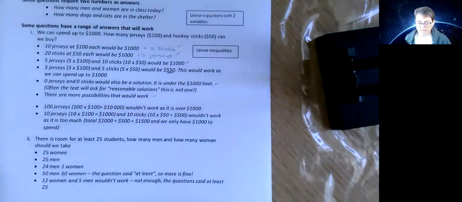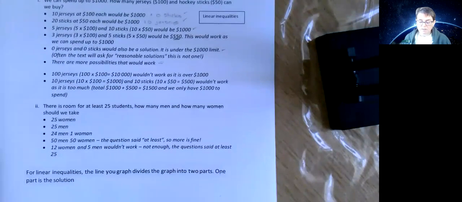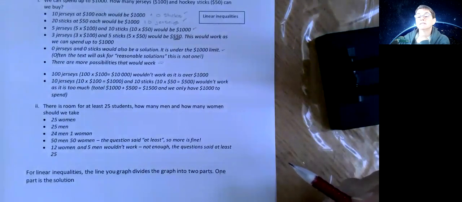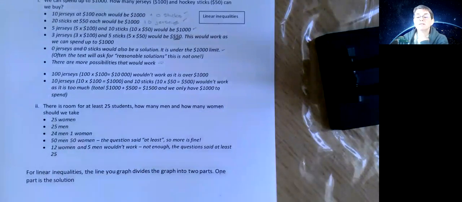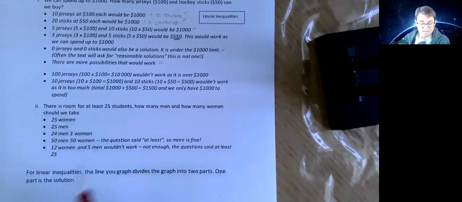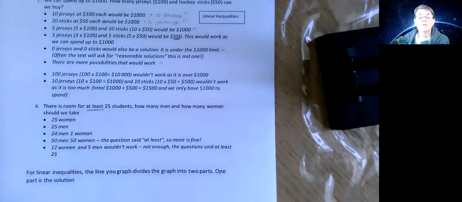All right, another example. There's room for 25 students in the classroom. How many men and how many women should we take? Let's say there's 25 seats. Who are we going to put in? Well, we could put in 25 women, 25 men. We could put in 24 men and 1 woman. Oh, wait a minute. Caught myself. With inequalities, you gotta watch.